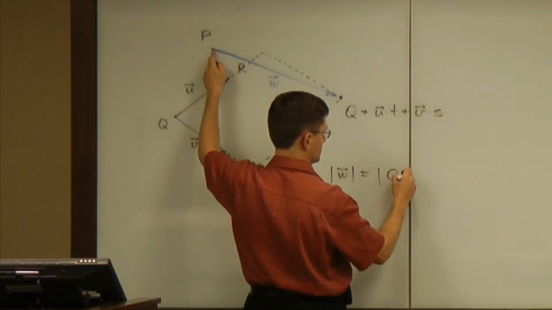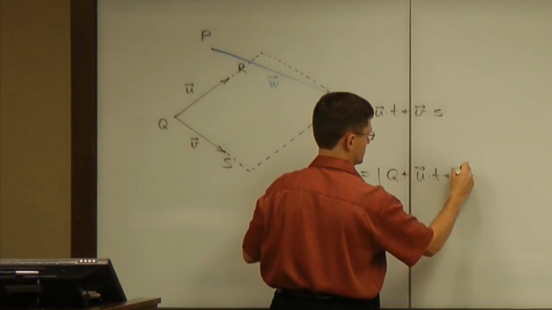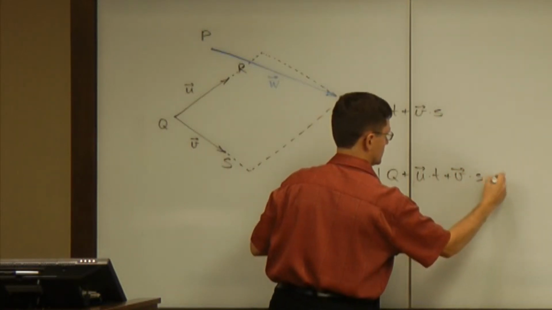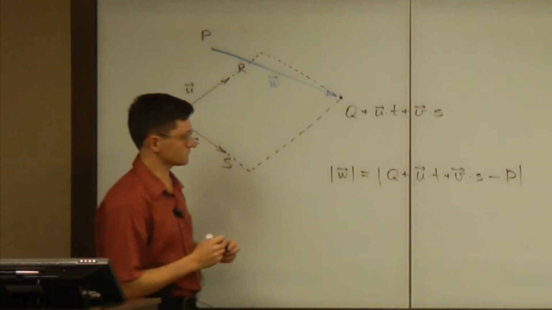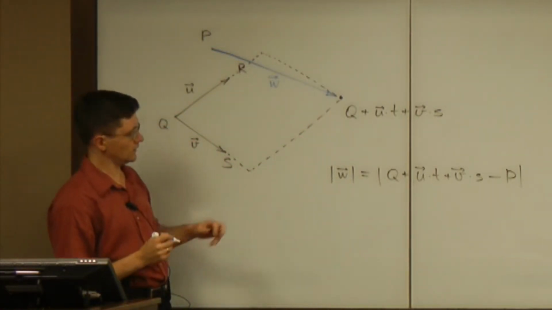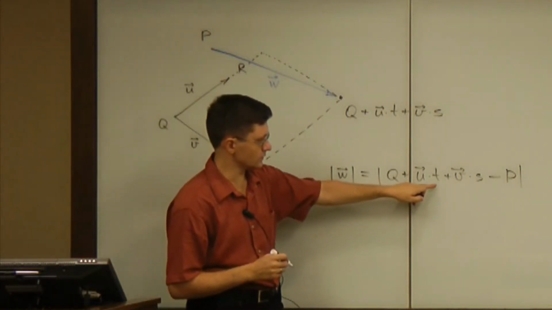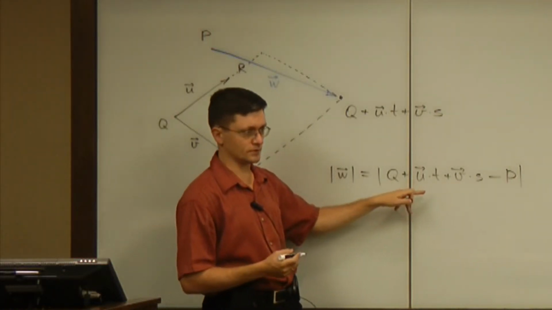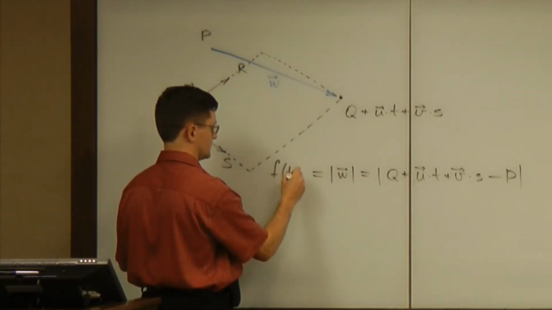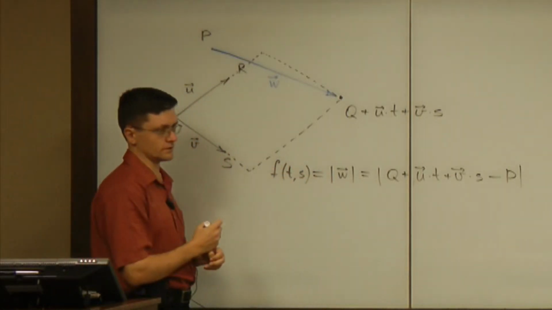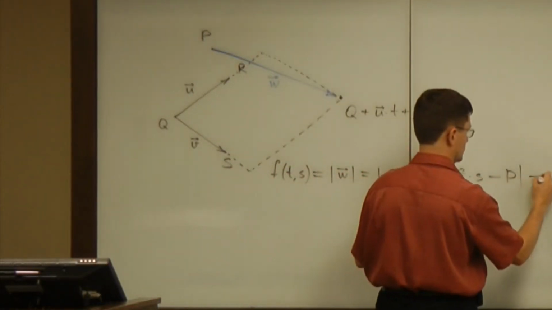So Q plus u times t plus v times s minus P. Then this distance becomes a function of two variables. So we can treat it as a function of two independent variables, t and s. And that's what we want to minimize.